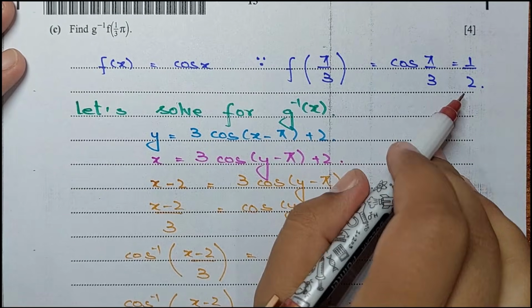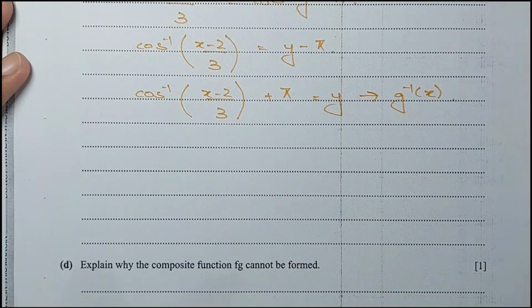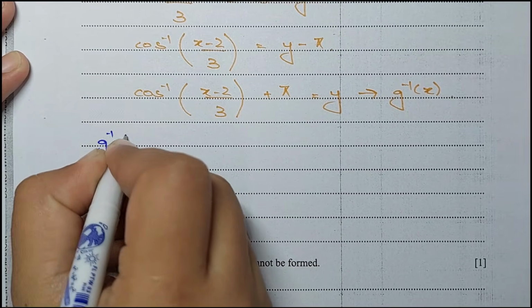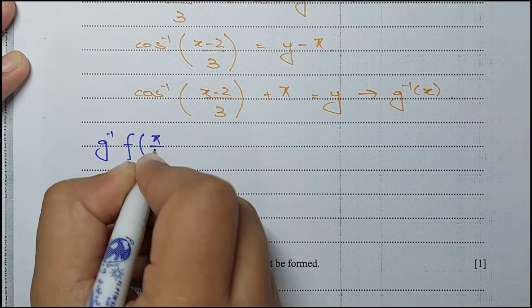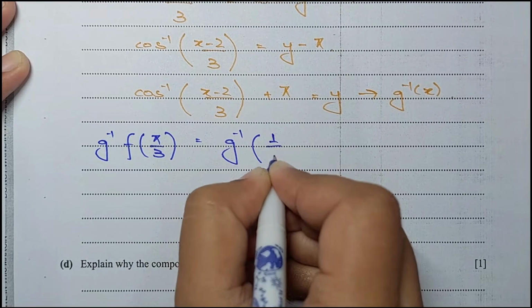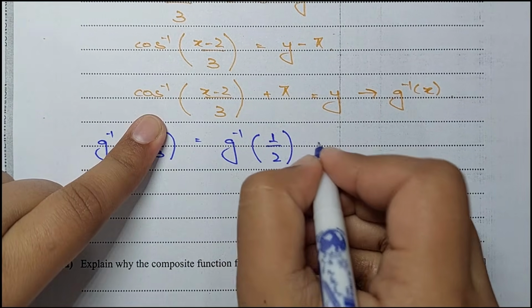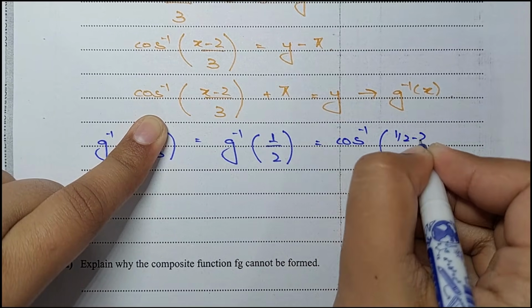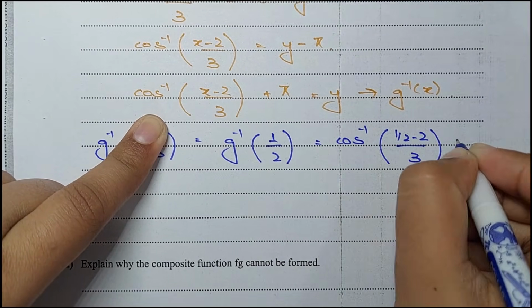Now we need to solve what is g inverse of 1 by 2. So g inverse f of pi by 3 is g inverse of 1 by 2. Let me solve for g inverse of 1 by 2, which is cos inverse of (1 by 2 minus 2) divided by 3, and plus pi.